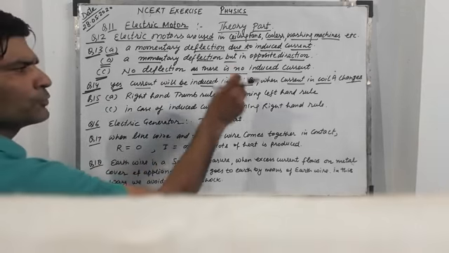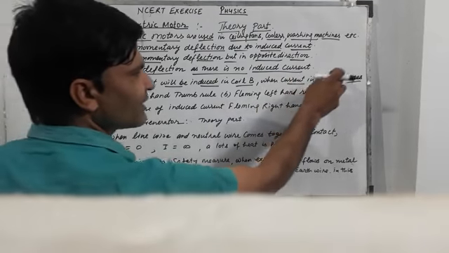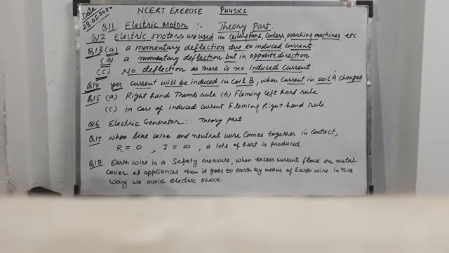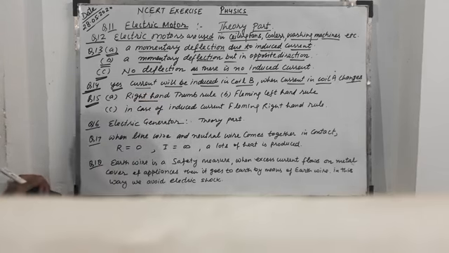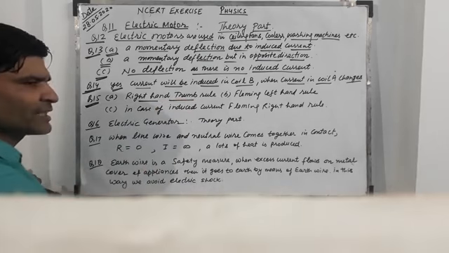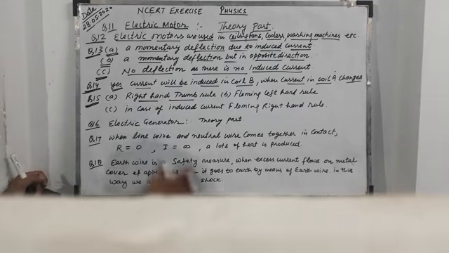Current will be induced in coil B when current in coil A changes. Okay. Now in question 15a, the question is asking about the magnetic field rule to find the direction of magnetic field around a straight current carrying conductor. In case of a straight current carrying conductor, we use right hand thumb rule.